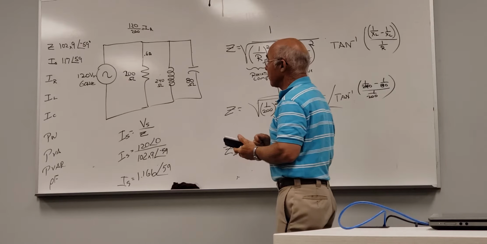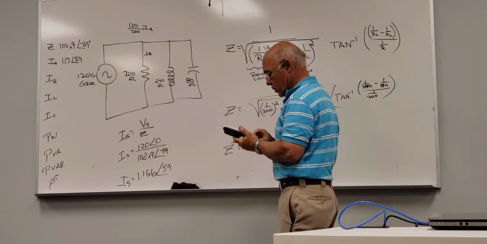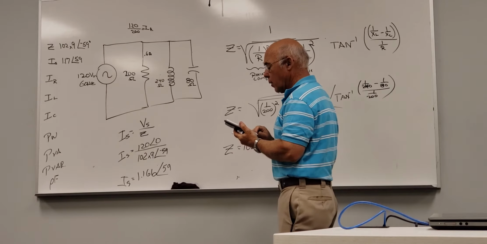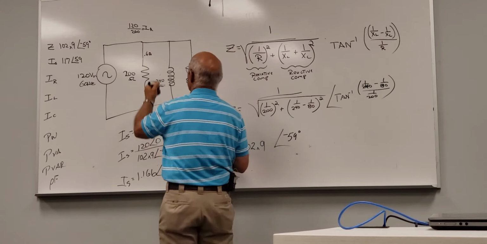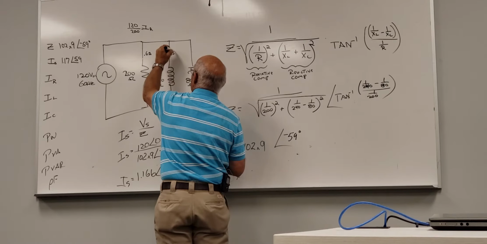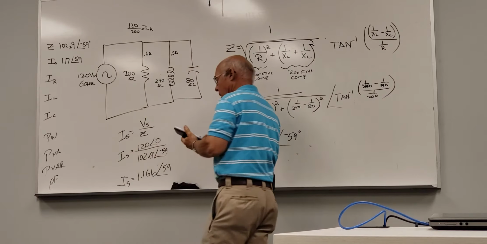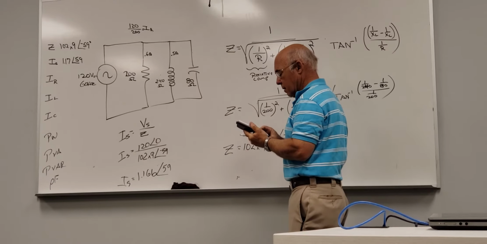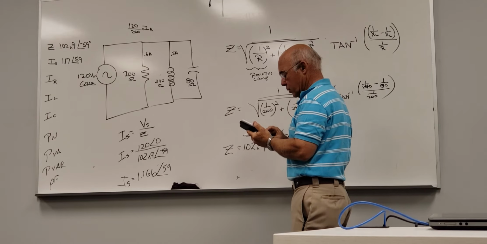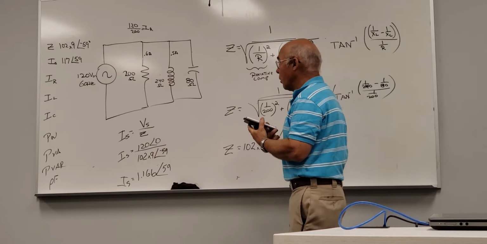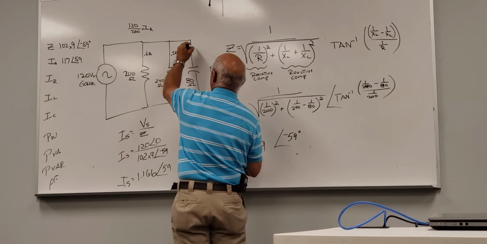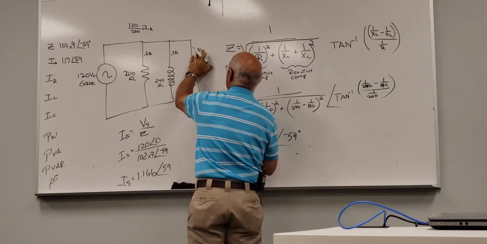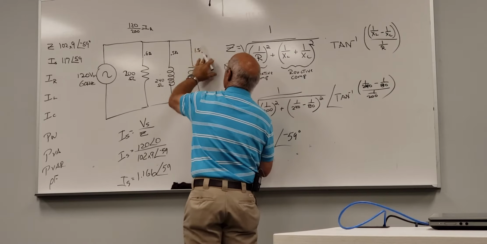We look at the inductor, it's 240 ohms, so we take 120, divide it by 240, and we get 0.5 amps. And if we look at the capacitor, we got 120 volts divided by 80 ohms, 1.5 amps.